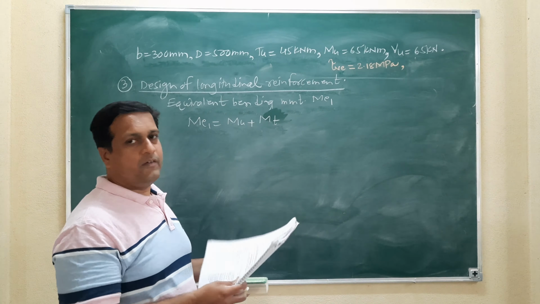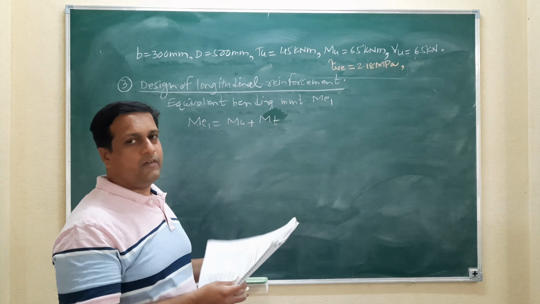Now put all these values: MU is 65, TU is 45, overall depth is 500 mm, width is 300 mm, divided by 1.7.